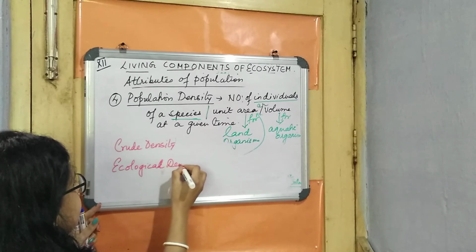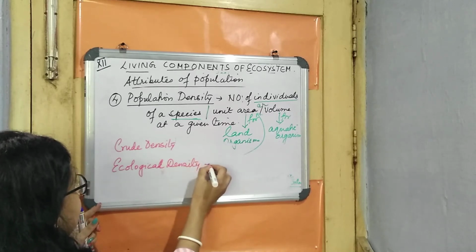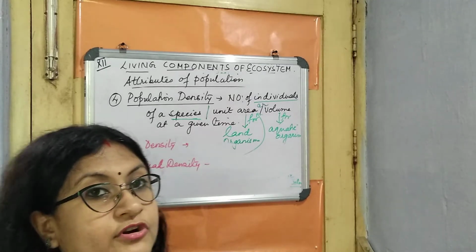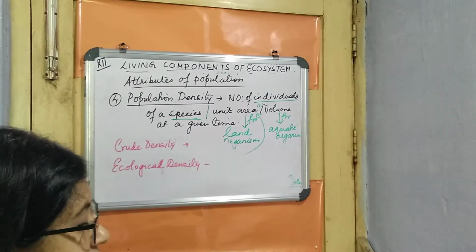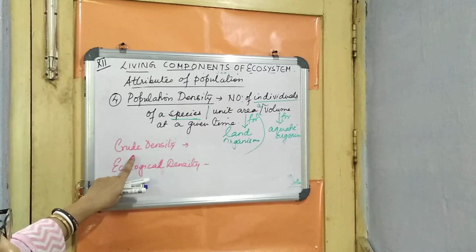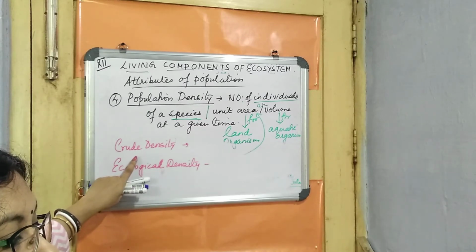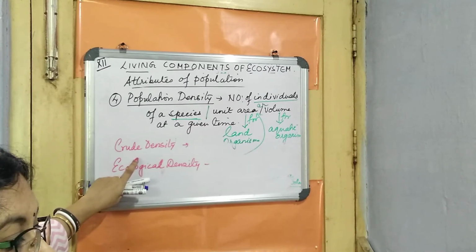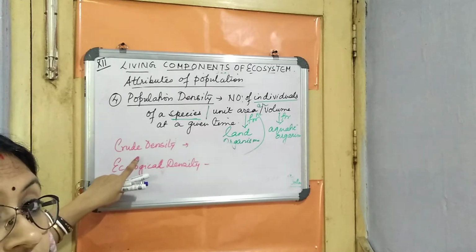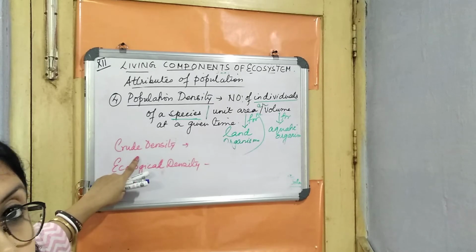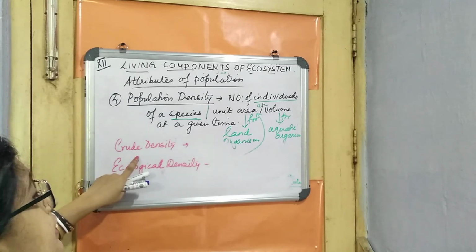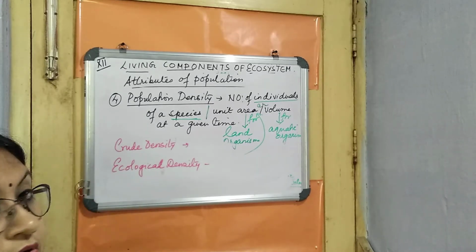Obviously we have to define these terms. Crude density is the total number of individuals per unit area or volume. It can be any individuals. Total number of individuals per unit area, that is crude, that is a mixture.